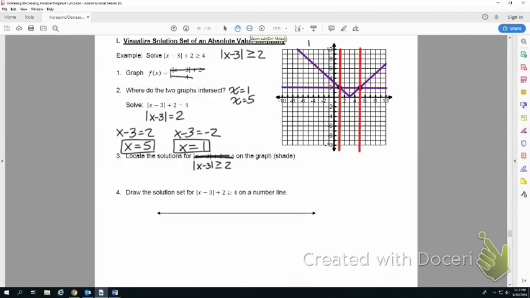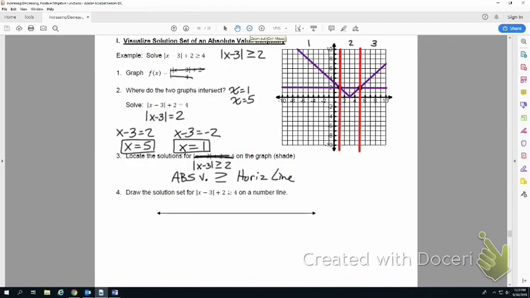Those are the vertical sections on the graph, and you're trying to figure out when the absolute value is above the horizontal line. When is the absolute value greater than or equal to, or above, the horizontal line? Within each section, you're looking to see if it's above or below, because it's greater than.